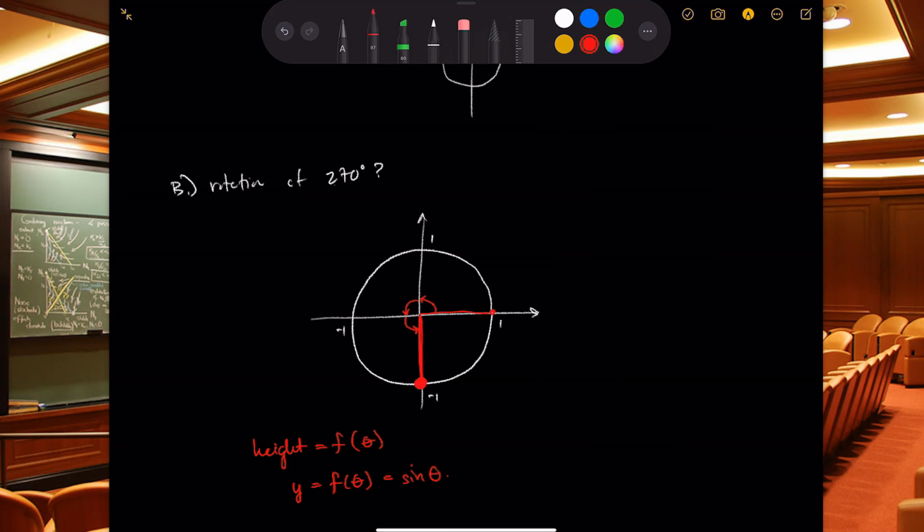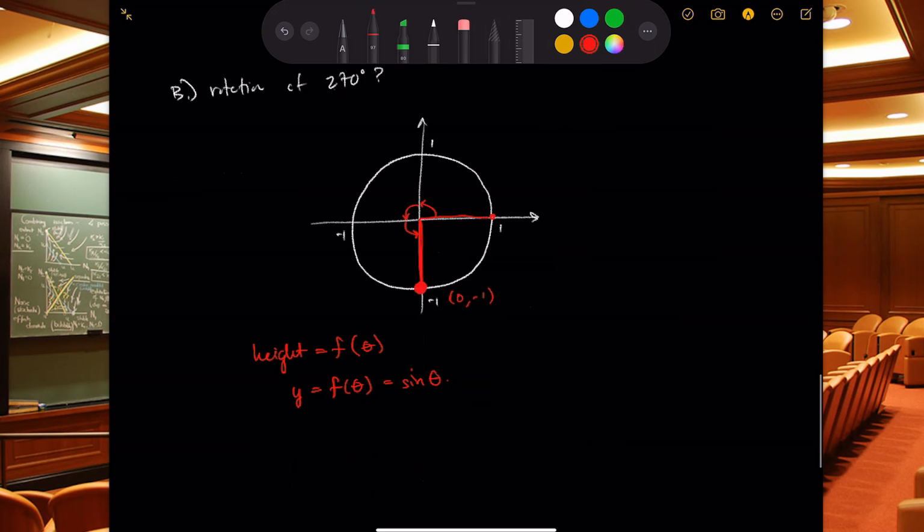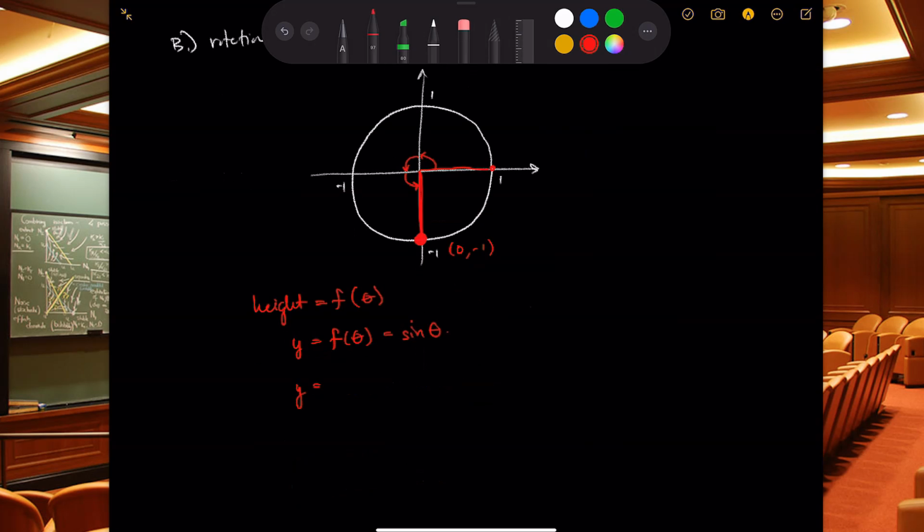If sine is a percentage of how much you're pointing upwards or downwards, from 100% to negative 100%, what do you think is happening here? What percentage am I pointing upwards or downwards? Upwards being 100%, downwards being negative 100%. It's downwards, negative 100%. So I should be getting negative 1 as my sine value. And that works out to be true.